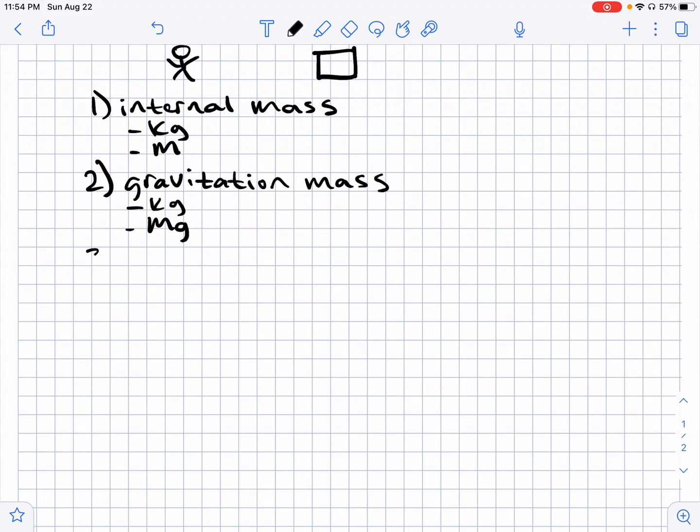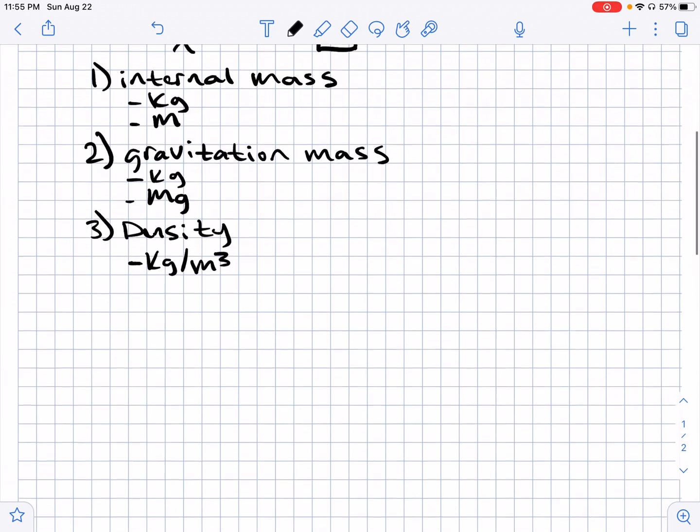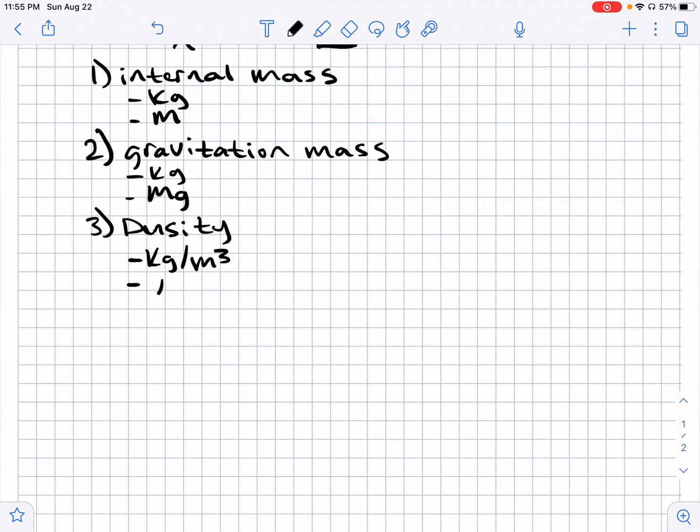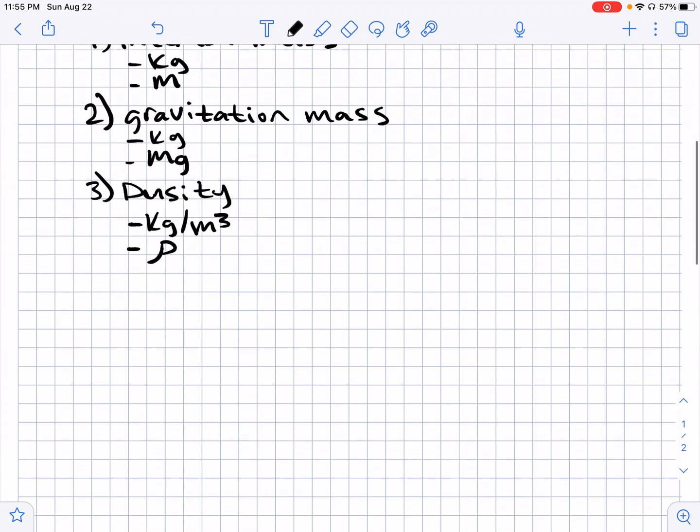We also have density, and you probably remember this one from chemistry. Density is measured in kilograms per meter cubed, and density is just mass per volume. The symbol that we use for that is the Greek symbol rho. Another property of an object is electric charge.